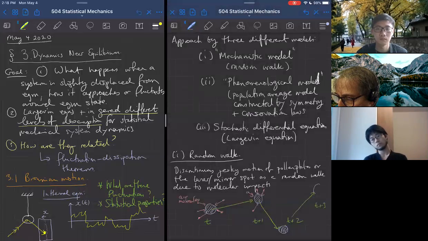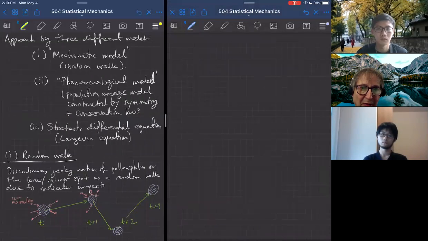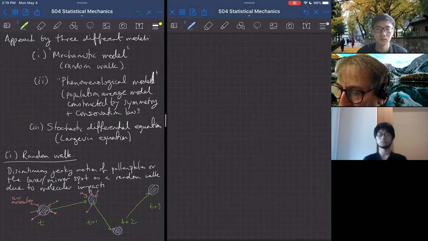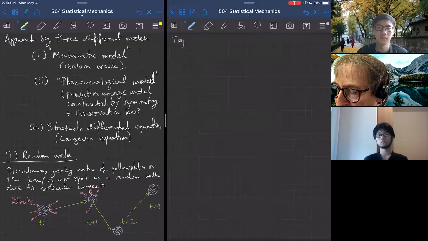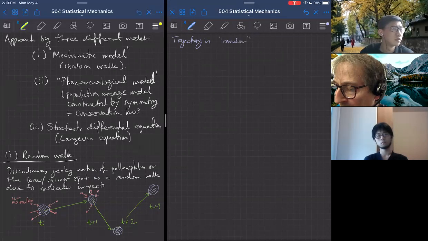And that's the trajectory that the particle makes. So the idea is that this is some kind of random walk. And what do we want to calculate? The trajectory is random, and we're going to say exactly what we mean by that, and unpredictable.